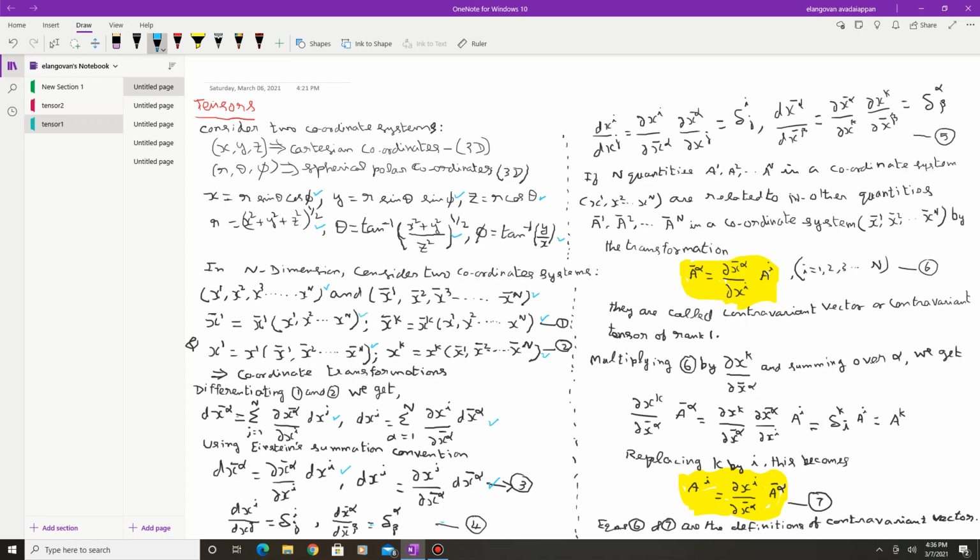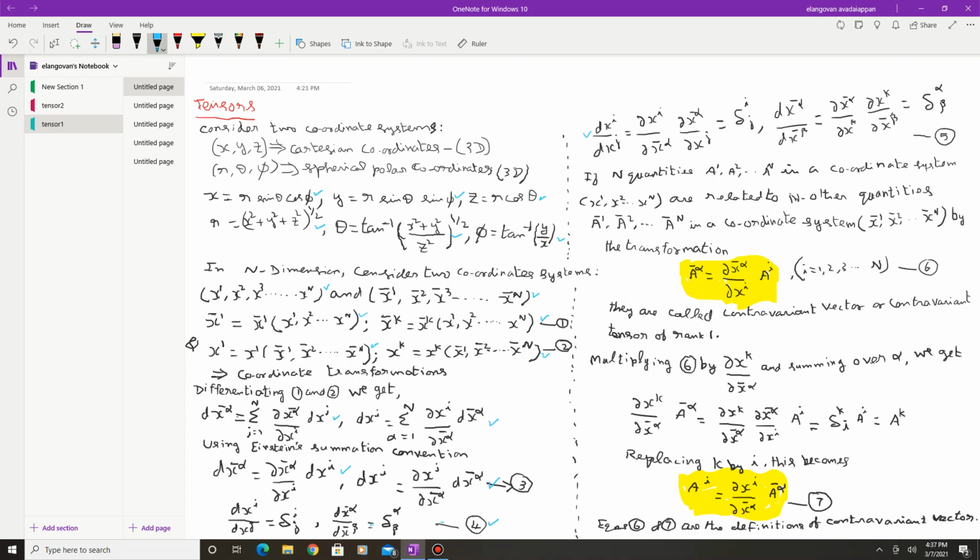So this is the Kronecker delta. Now let us go again to equation 5. In equation 5, this is dxi by dxj. You have already defined dxi and dxj. Once you substitute, you will get this expression, partial dxi by partial dx alpha bar and partial dx alpha bar by partial dxj.